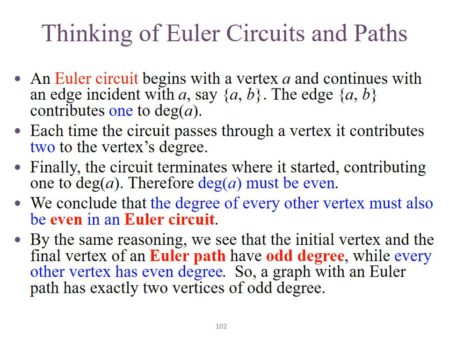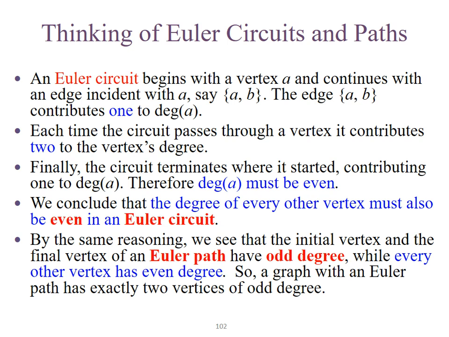So that will be 2 of the degree of vertex A. Okay? And then when we travel the circuit along the path, it also contributes to all vertices of the path. Because you go into the vertex and go out of the vertex, that will be 2 of the total degree of that vertex.